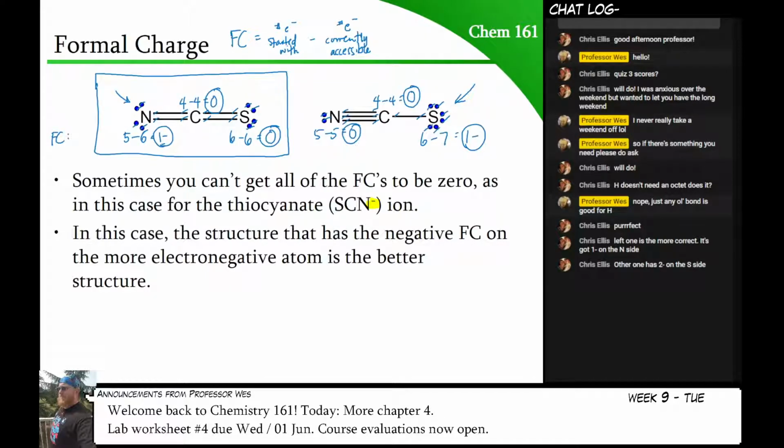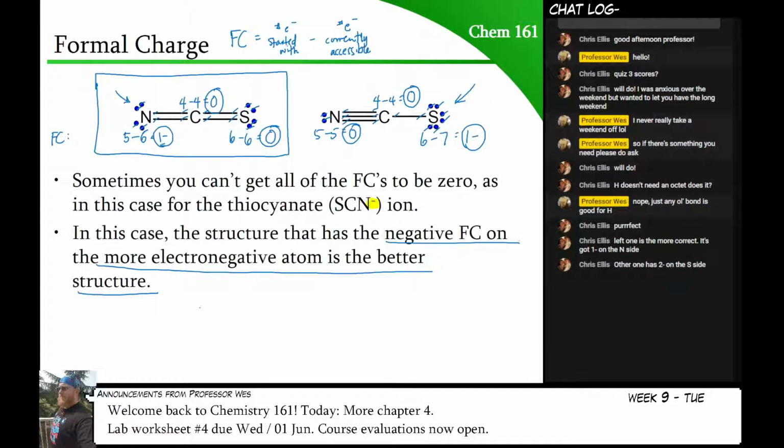I have a -1 and I have to put it somewhere. I cannot get rid of it. So I'm going to stick the -1 on the side that's more electronegative. Nitrogen is more electronegative than sulfur, and therefore, we're going to choose that structure. So the double bond structure is better in this case than the triple bond single bond.